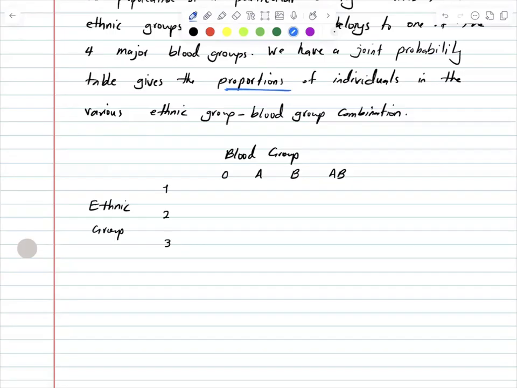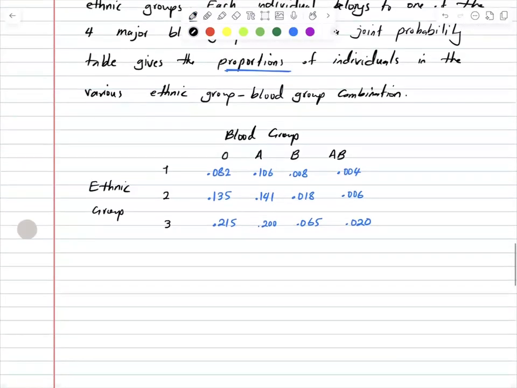The proportions are given to us as 0.082, 0.135, 0.215. For A, you have 0.106, 0.141, 0.200. For B, you have 0.008, 0.018, 0.065. And for AB, we have 0.004, 0.006, and then we have 0.020. So this is our table.